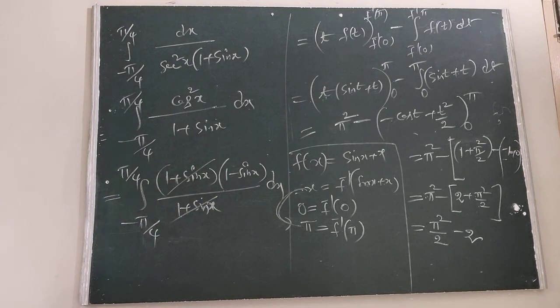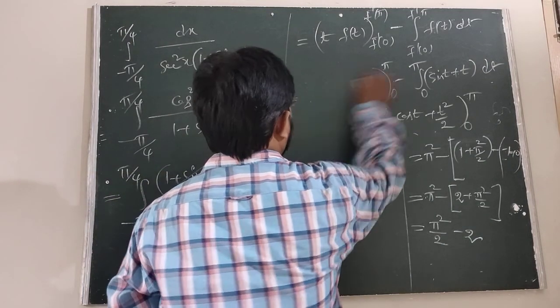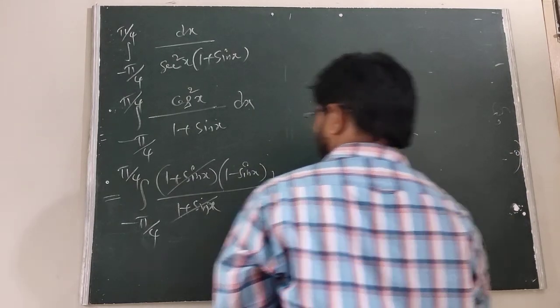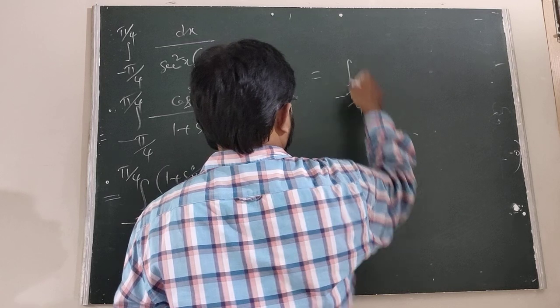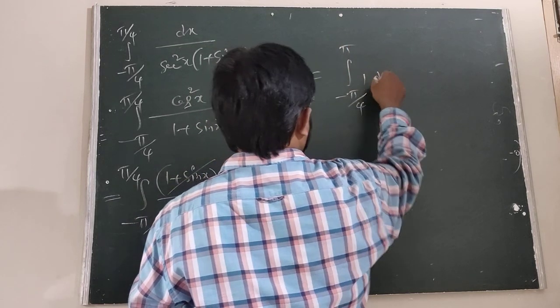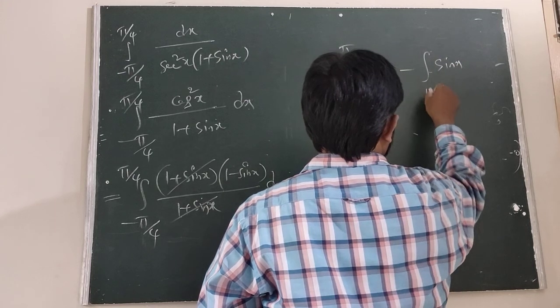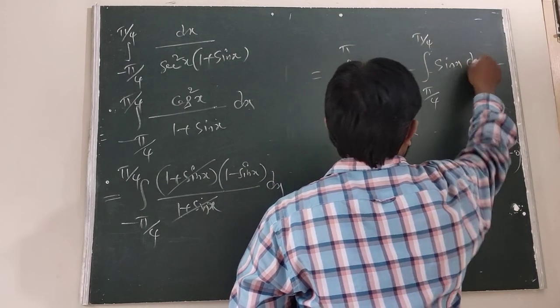The integral of 1, we have to know that, we are taking here from minus pi by 4 to pi by 4, 1 dx minus the integral of sin x from minus pi by 4 to pi by 4 dx.